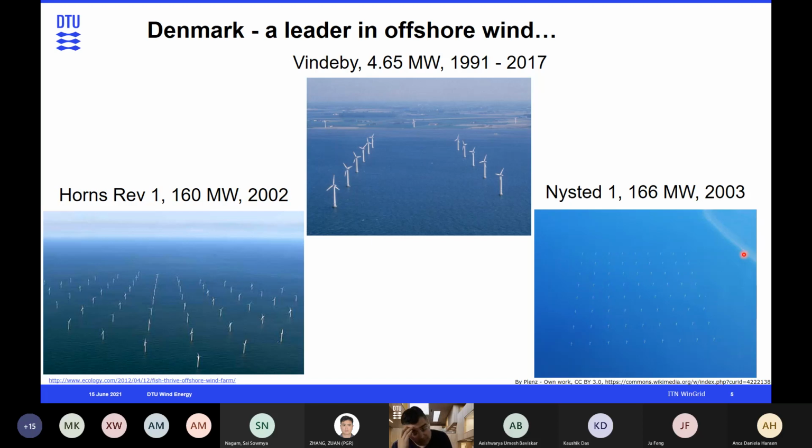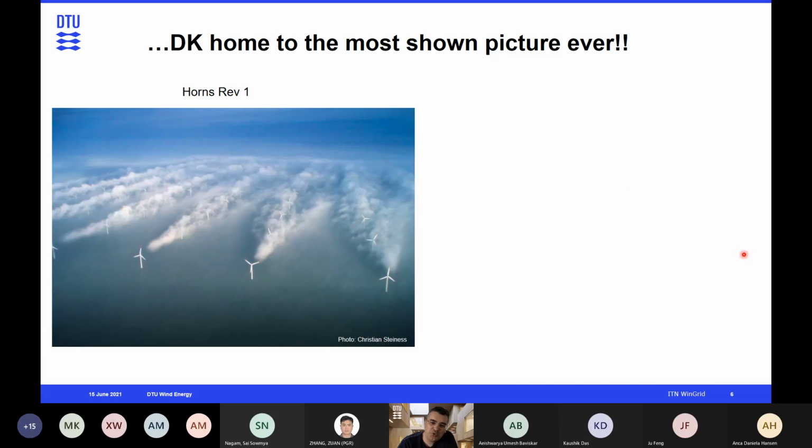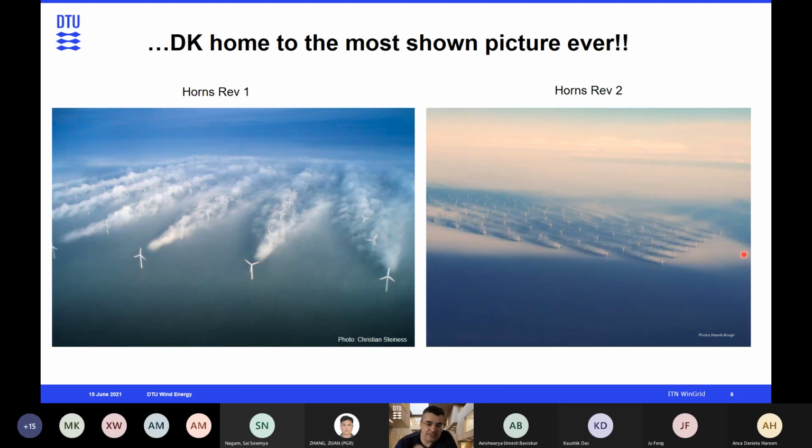So Denmark has also been a leader in offshore wind, and it's also home to probably the most shown picture ever when you talk about wind energy in general, and especially offshore wind. And there's a second one, but I think the one on the left from Horns Rev 1 is probably, as I said, the most shown picture.